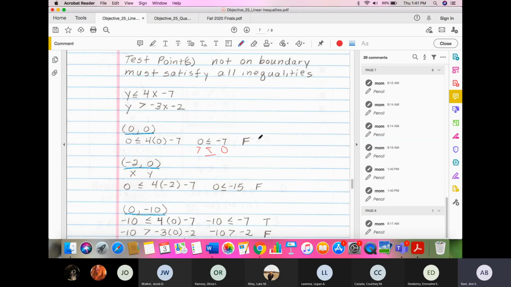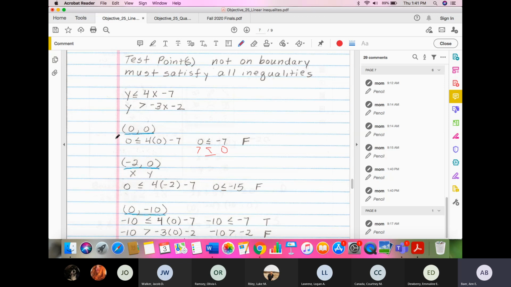Well, in order for us to shade in that region, we would have to have our test point satisfy not one of these inequalities, but both of them. It doesn't satisfy the first one, so we can quit. We're not going to select this region.